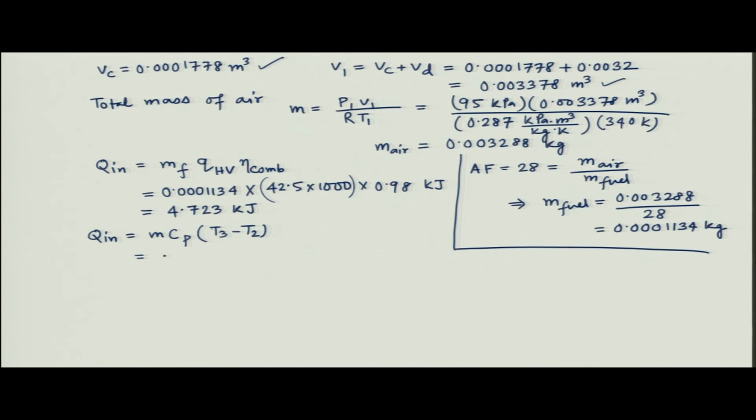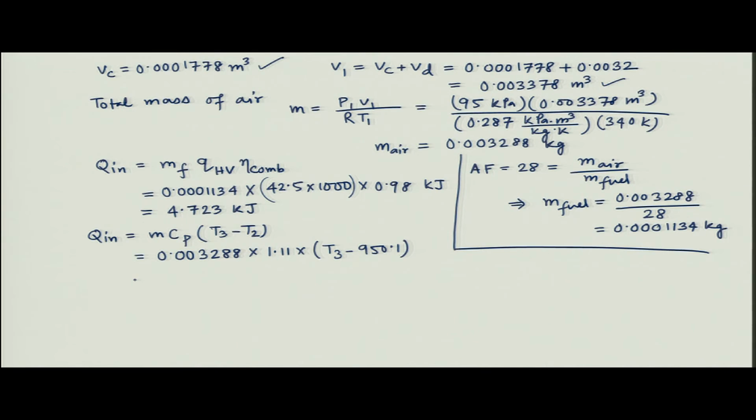Okay. So then you have to substitute the numbers. m is 0.003288 and Cp we have written as 1.11, times (T3 minus T2). T3 we have to find, T2 we already know, that is 950.1 Kelvin.